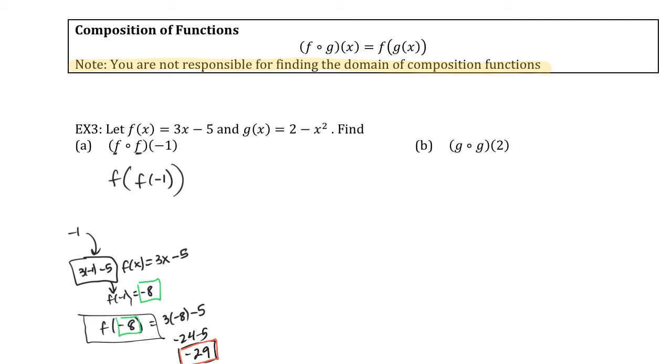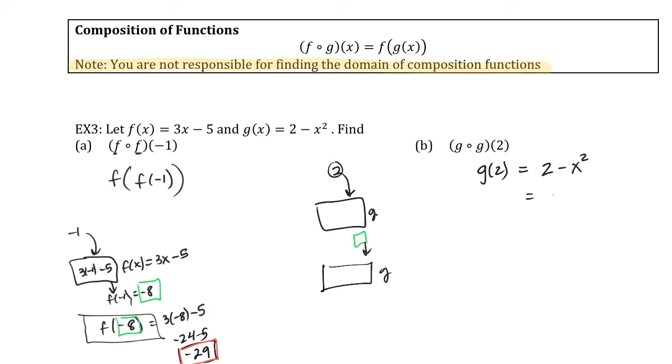Okay, let's try another one. So 2 is going to go into g, and whatever we get out is then going to go into g again. First we put 2 into g. What g does is it takes 2 minus our input squared. So 2 minus 4 would be negative 2.